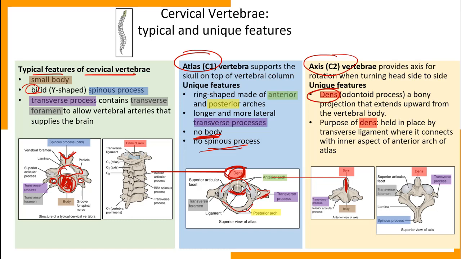Because it sticks out into the opening of the atlas, it allows you to move your head from side to side. So when you turn your head from side to side, your head doesn't fall off your vertebral column, because the dens and the transverse ligament are holding it in place.